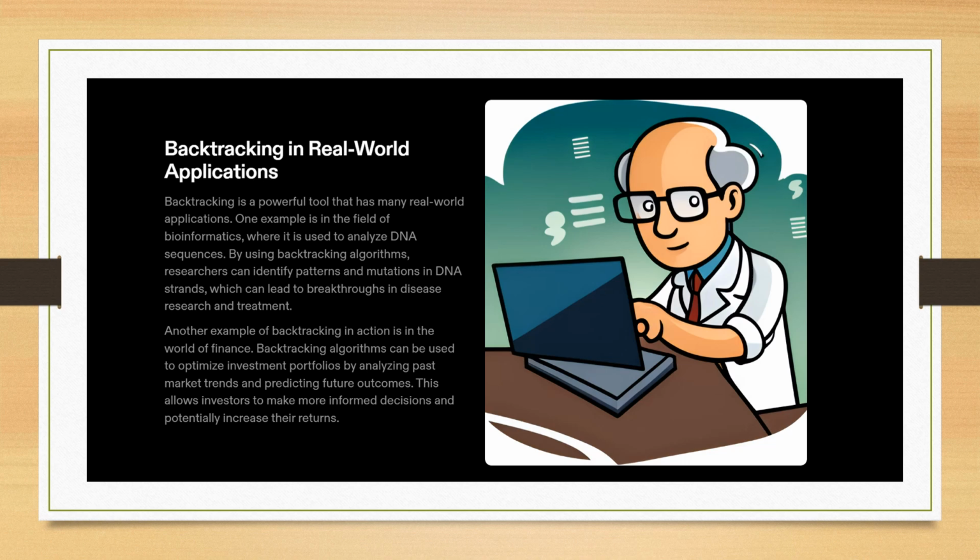Another example of backtracking in action is in the world of finance. Backtracking algorithms can be used to optimize investment portfolios by analyzing past market trends and predicting future outcomes. This allows investors to make more informed decisions and potentially increase their returns.